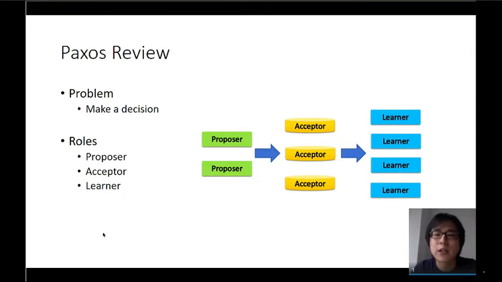And finally, the learner is trying to learn the chosen value. So this is the classic Paxos model. But today, to simplify our discussion, we only assume there are acceptors in the system, and acceptors do the job for both proposer and learner. So the acceptors can be thought of as the servers in the system.